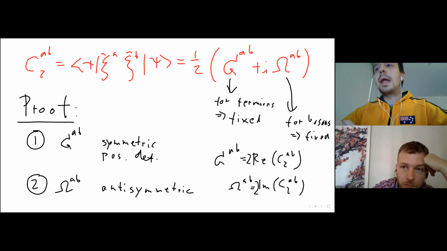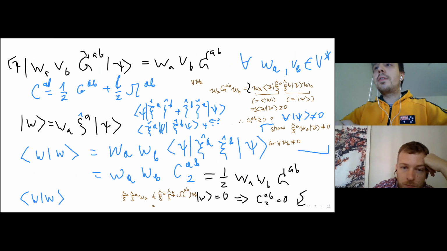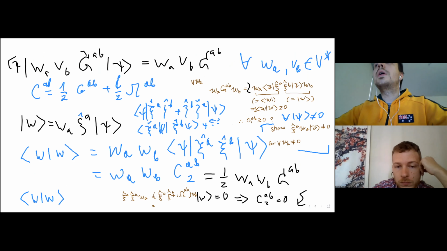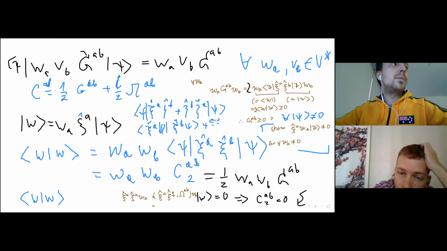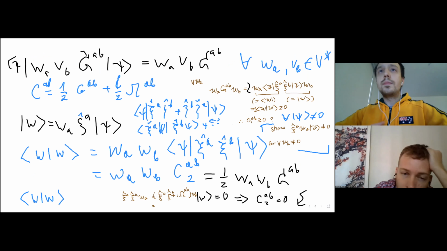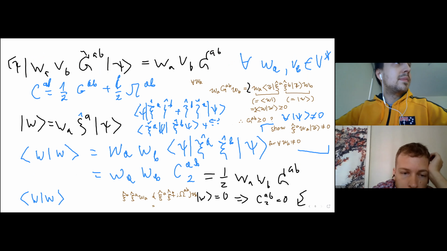And that implies there does not exist any W that can make W psi, applied to a normalized state psi, be the 0 element in Hilbert space. Are there some open questions, or is it not fully clear?